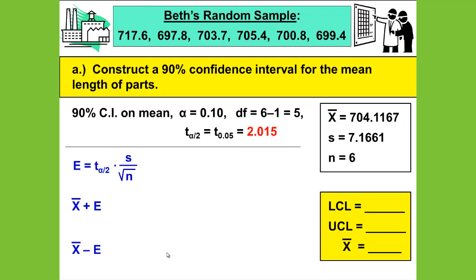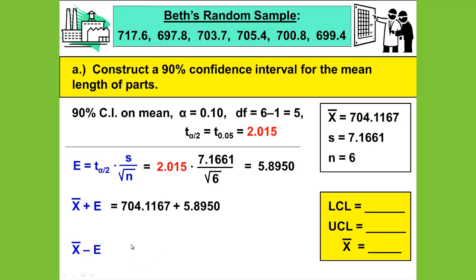So 0.05 and 5 cross on our table and give us the t-value of 2.015. Placing in our standard deviation and the square root of our n gives us 2.015 times 7.1661 divided by the square root of 6, which equals 5.8950, remembering that we're rounding all of our working numbers to 4 decimal places.